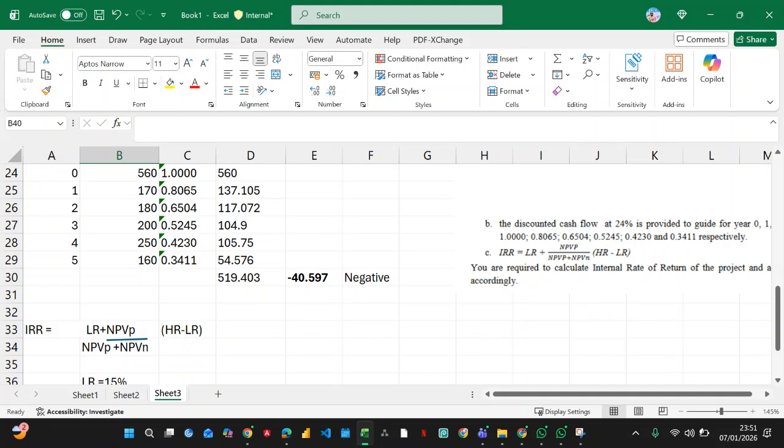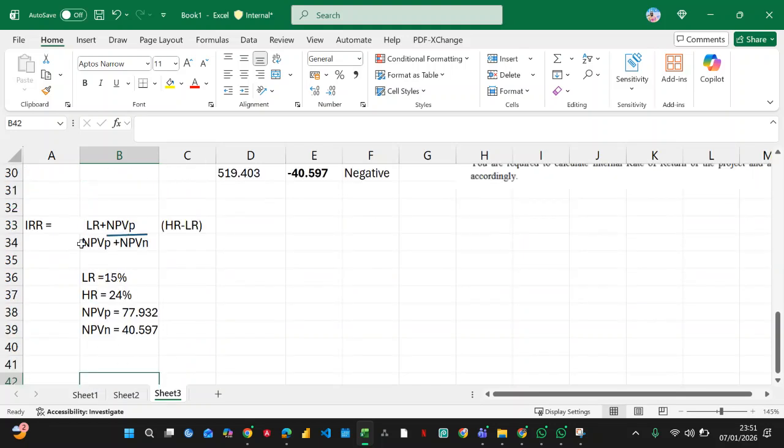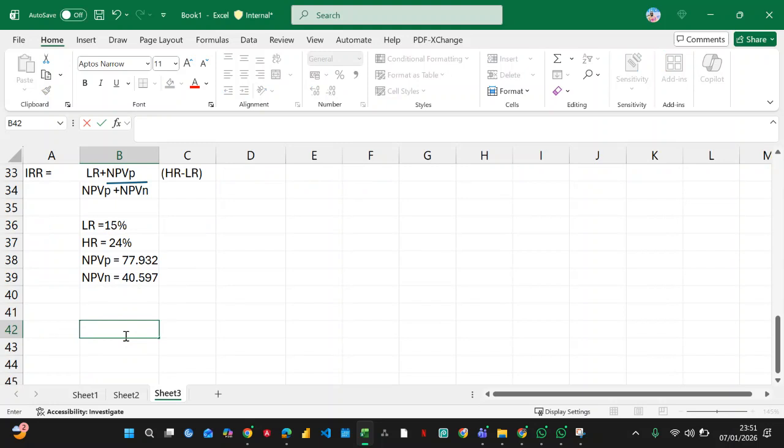Then let's get our denominator, what is down here. We're supposed to get NPV positive plus NPV negative.